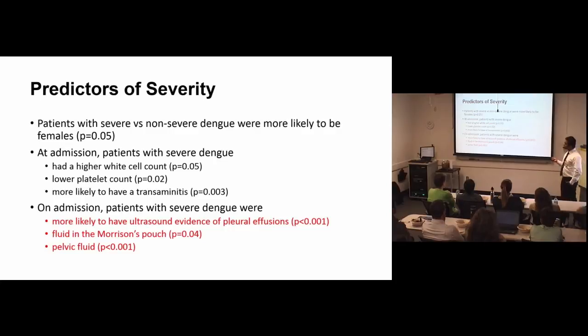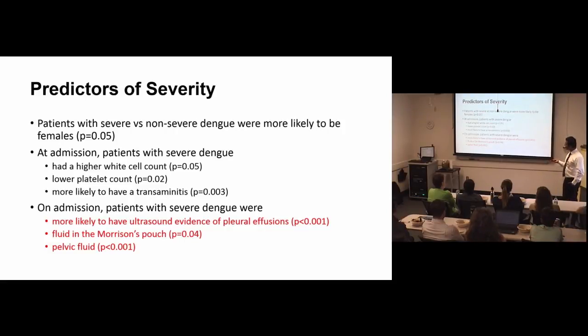We also looked at the severity markers, and being female, the white cell count, low platelet count, and transaminitis, which means dengue-induced hepatitis, are predictive of severe disease. But in our study, we did an ultrasound scan to detect leakage.